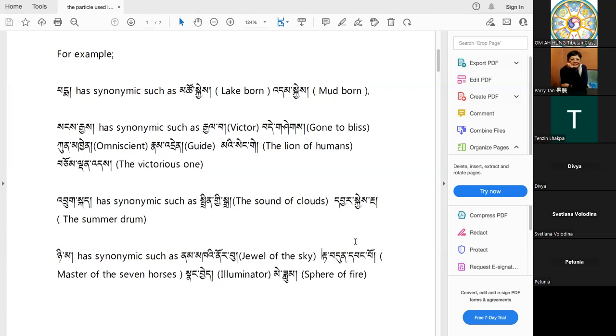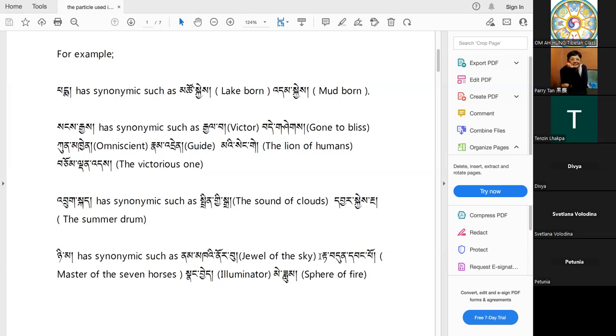Like these are the usage of similar synonymic, which tells us the sun. And why do we use Tadun Wangpo? Because in this particular synonymic, we're referring to the sun not as the sun that's in the sky.